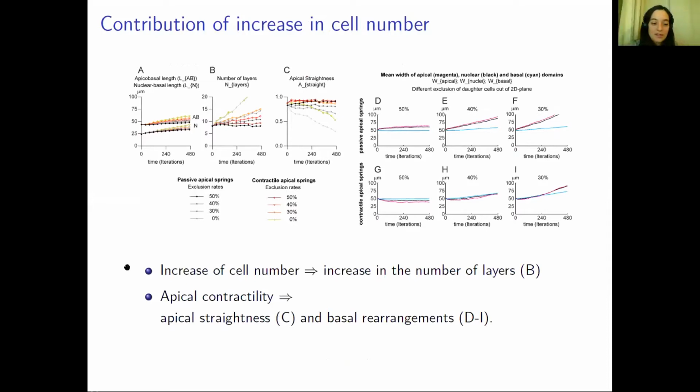Okay, so the model allowed us to connect the cell number and the nuclei movement with the tissue quantifiers globally.